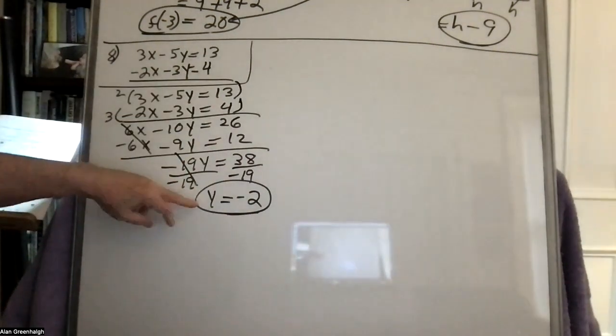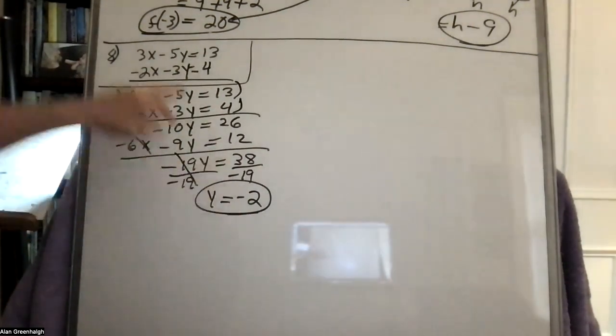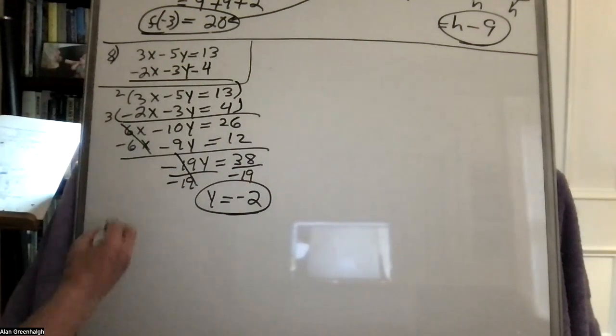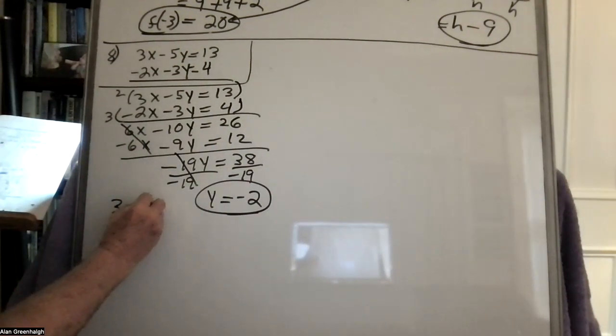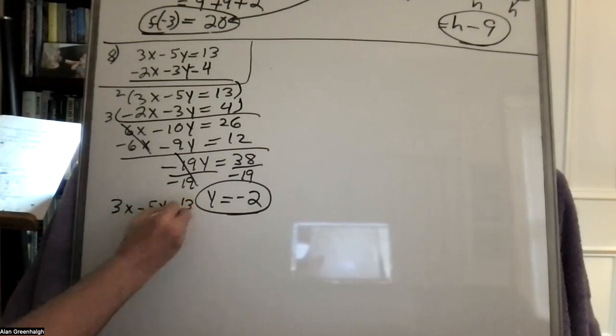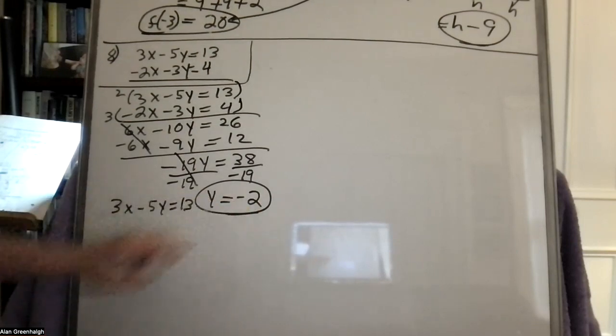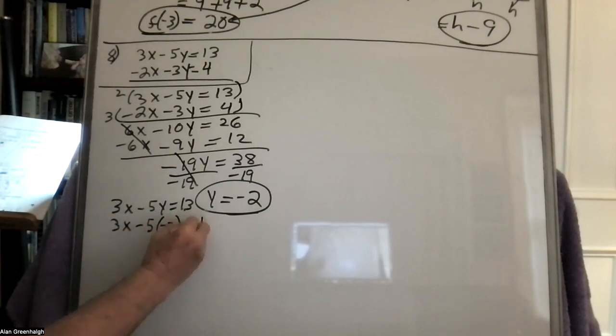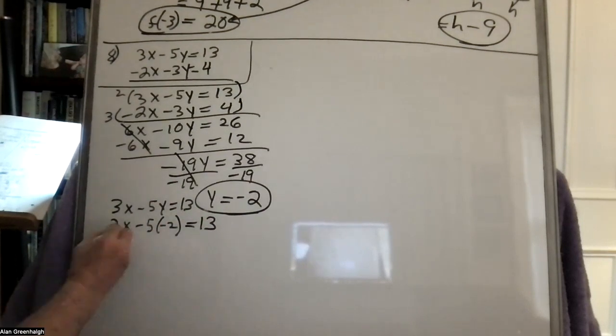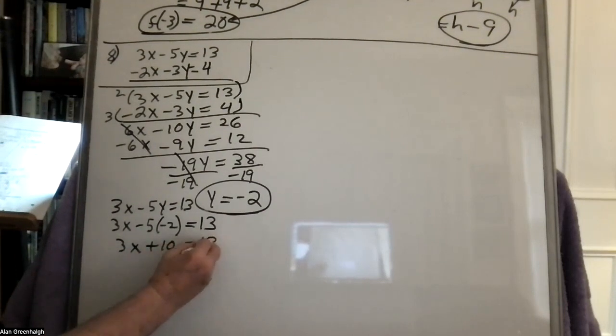Your next step is to take that negative 2, go back to one of the two equations. I'm choosing this one, 3x minus 5y equals 13. Substitute y equals negative 2. And work it out. 3x plus 10 equals 13.